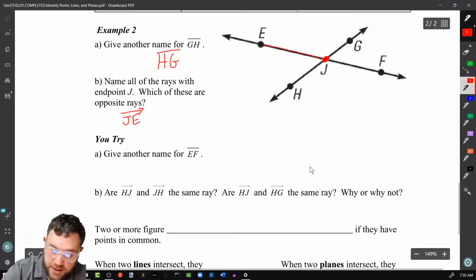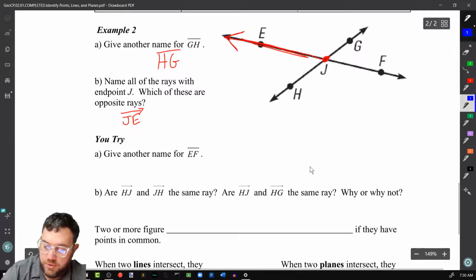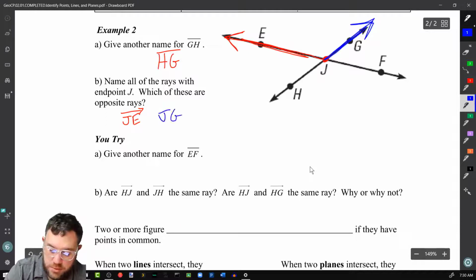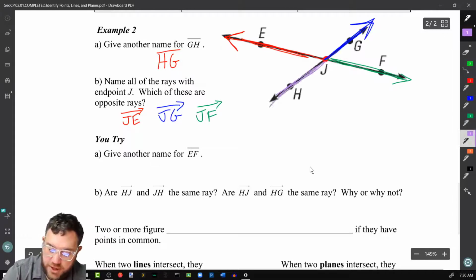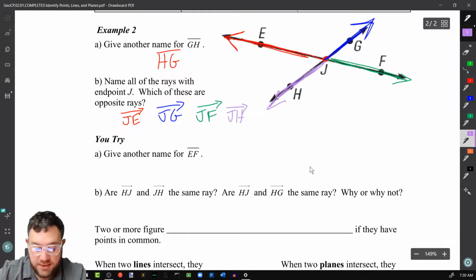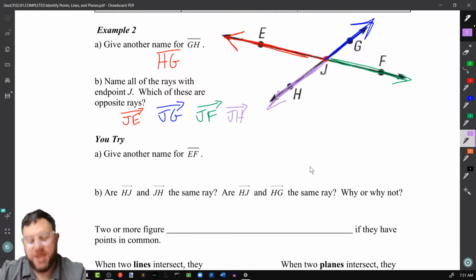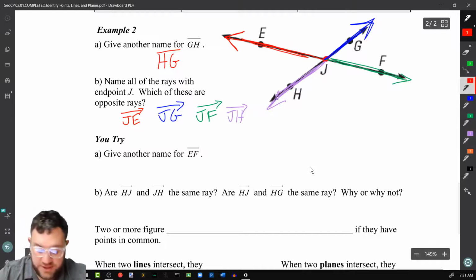So we've got JE. We've got JG. We've got JF. And we've got JH. So all of those are rays that start at endpoint J, and that's why J is listed first every time.